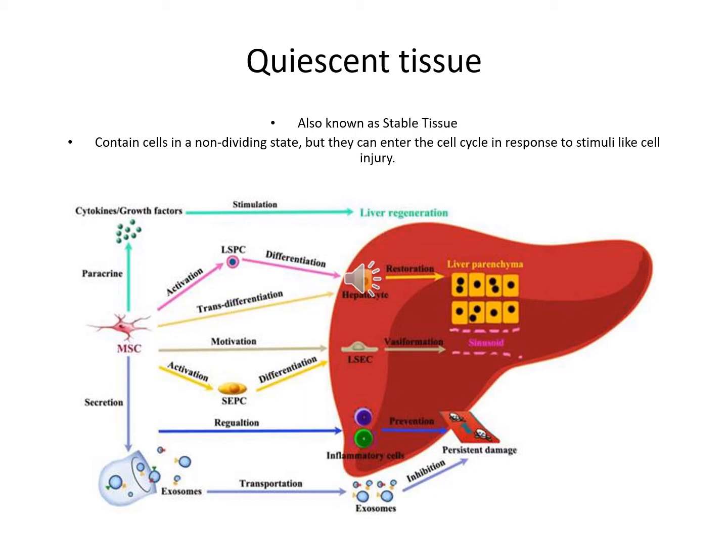At the very bottom of the liver image, you'll see that there is persistent damage. An example of that is drinking too much alcohol or taking too many drugs. You're constantly putting your liver under stress and constantly asking it to regenerate.